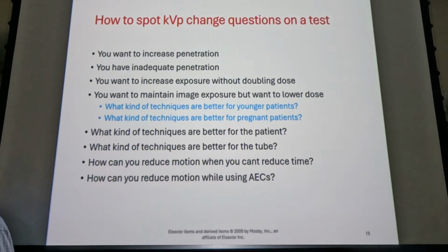So what you're going to be looking for are things that pertain to penetration, right? You want to increase penetration because you have underpenetrated the patient. Also understand that our image capture is so totally different now than what it was when a lot of the theory behind KVP and what it controls was developed.